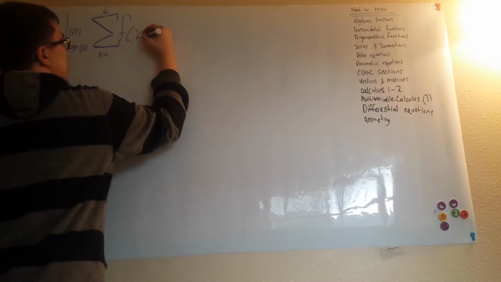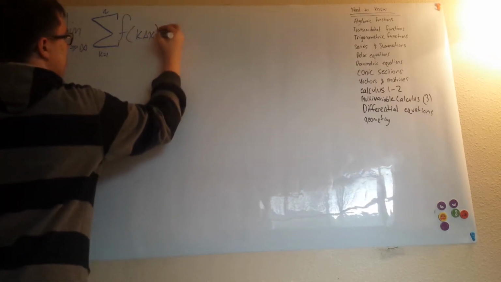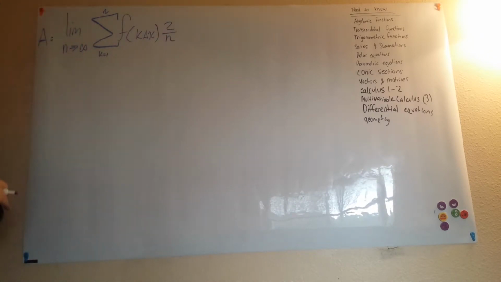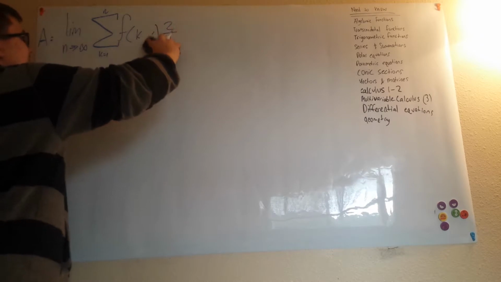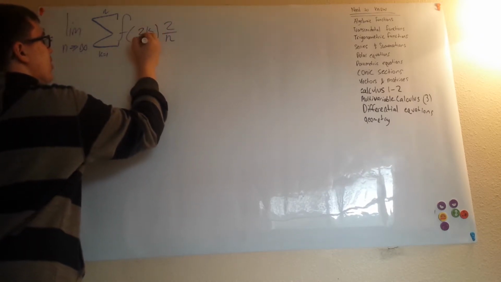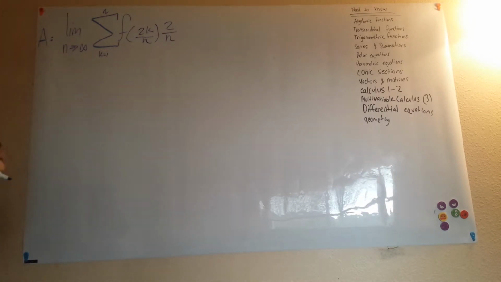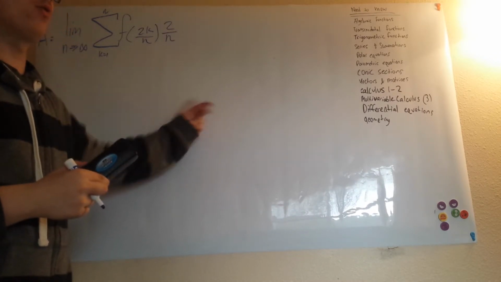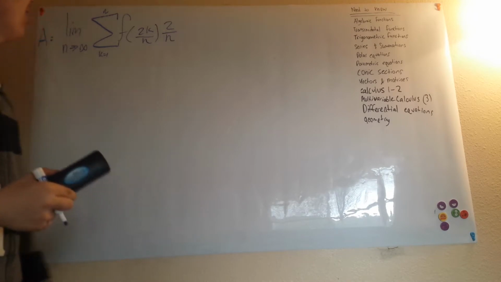Well, it was just k times our delta x, which is 2 over n, so this is just 2k over n, right? That's our formula for the area under the curve of x squared from 0 to 2. That's the area formula.